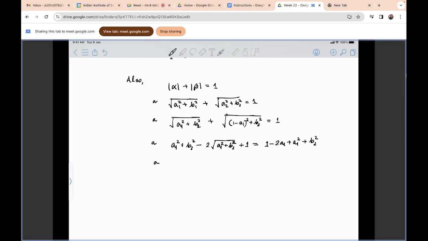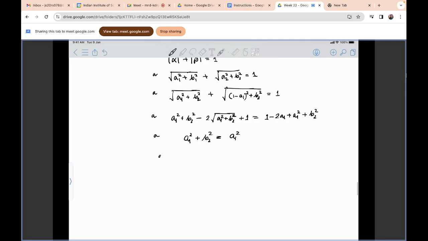If you simplify, A1 square and B2 square both cancel, 1 will cancel. So we'll get B2 square equals 0.